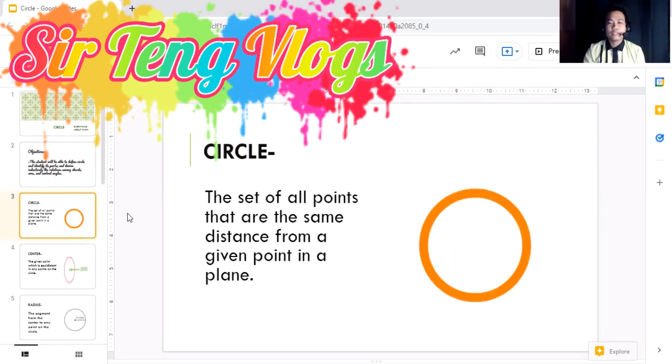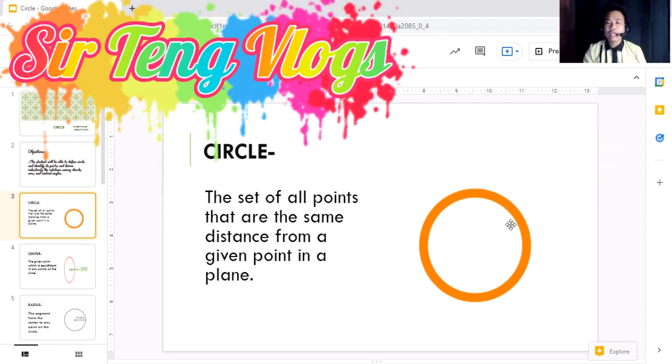Circle. It is the set of all points that are the same distance, or equidistant, from a given point in a plane. So if we have the same distance from a given point in a plane, we call it the center of the circle.